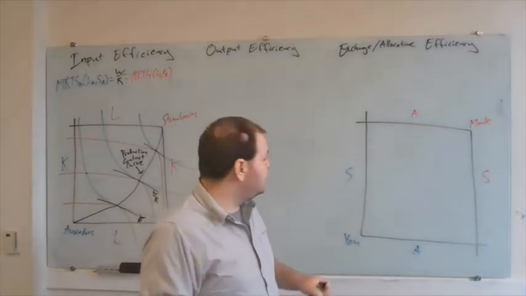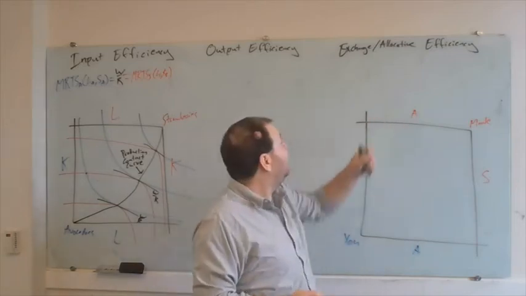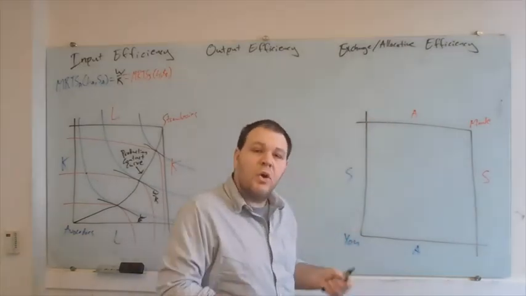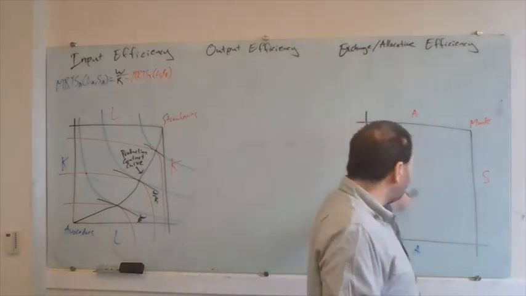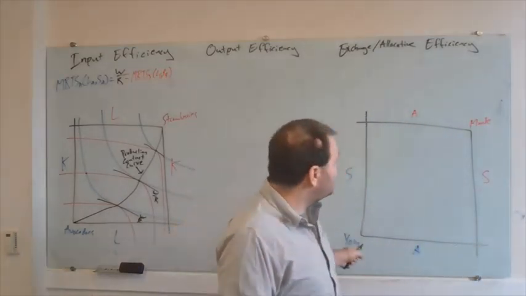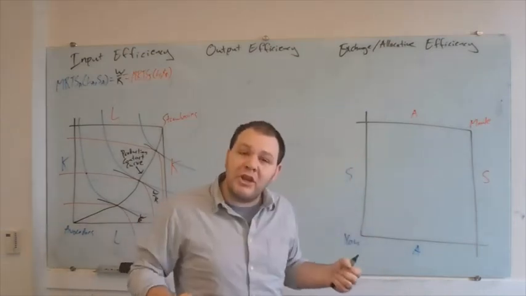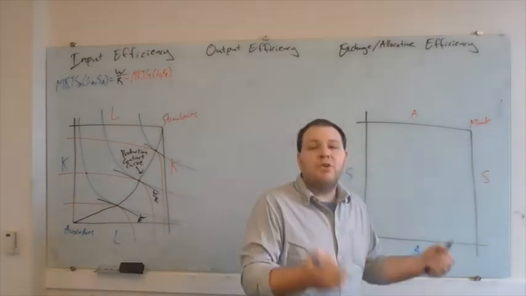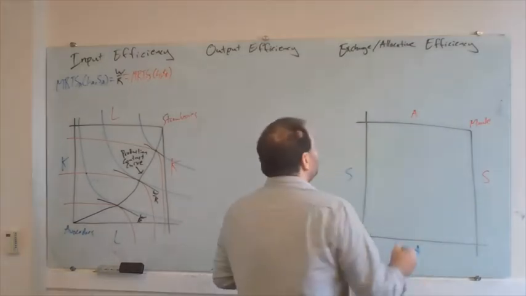And what did we need in order to be Pareto efficient, in order to be exchange and allocatively efficient? We need to be at an allocation where there's no alternative that would be preferred to both of you, so that if the two of you were offered a chance to trade some of your stuff, you would have no potential gains from trade. When's this going to happen?